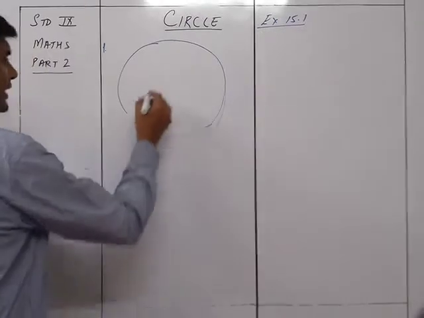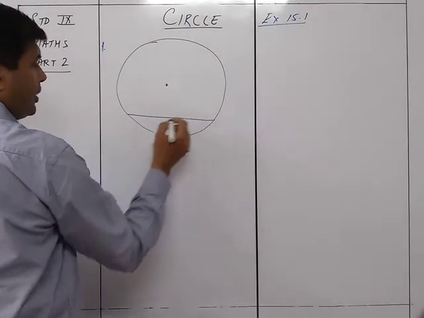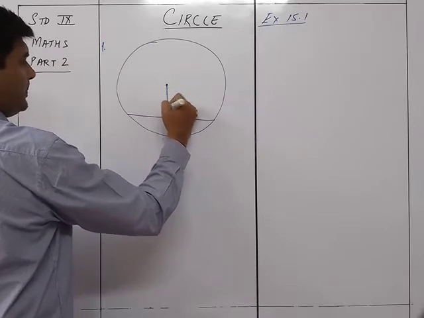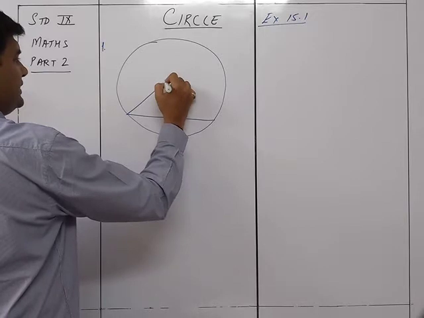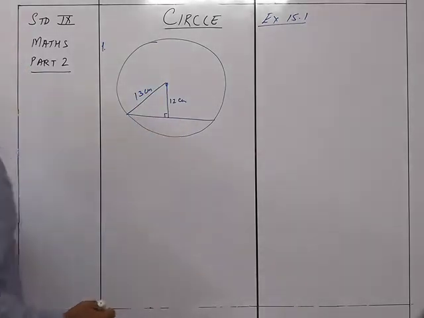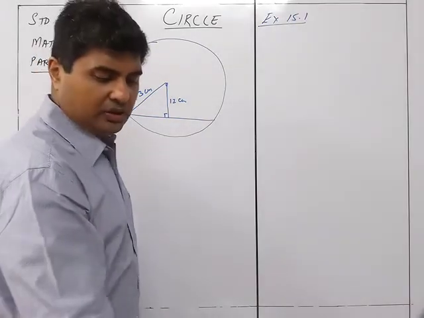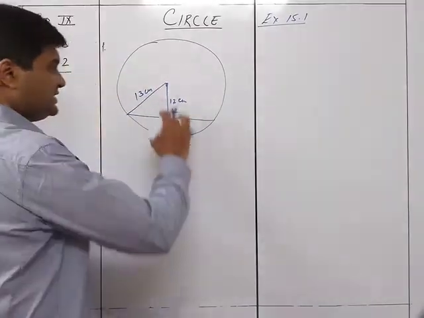Okay, so you are given over here that this is the center of the circle and this is the chord, and the perpendicular distance over here is 12 centimeters and the radius here is given as 13 centimeters. The question is: calculate the length of the chord which is at a distance of 12 centimeters from the center.